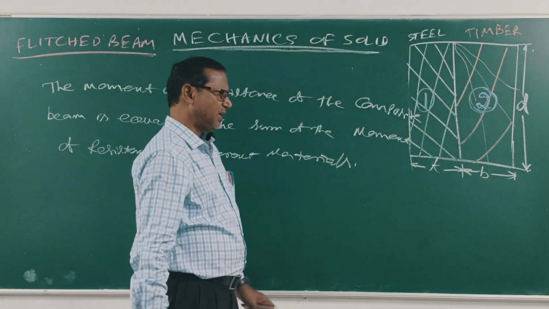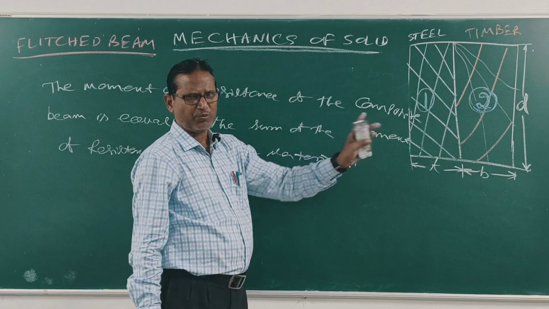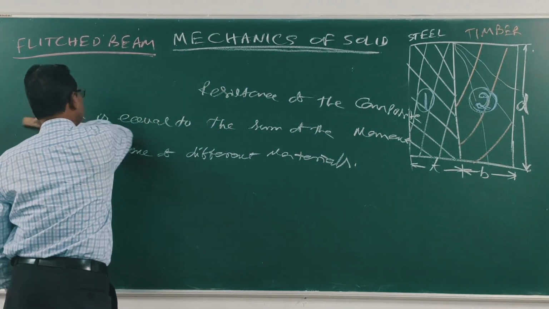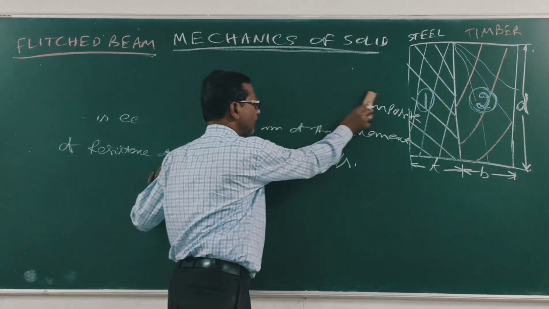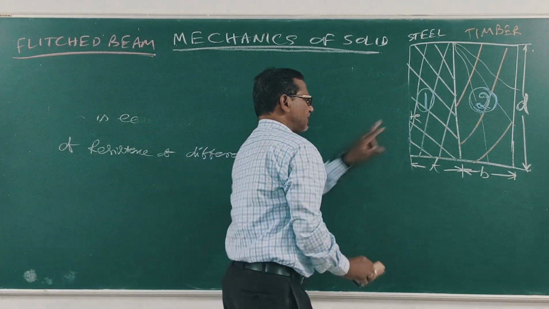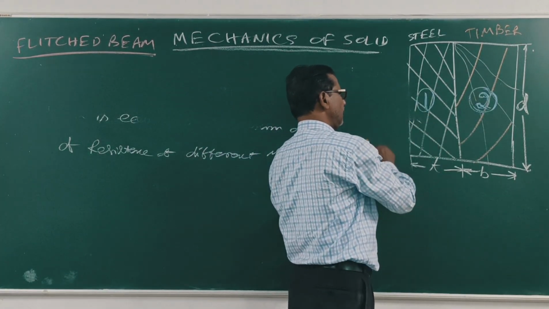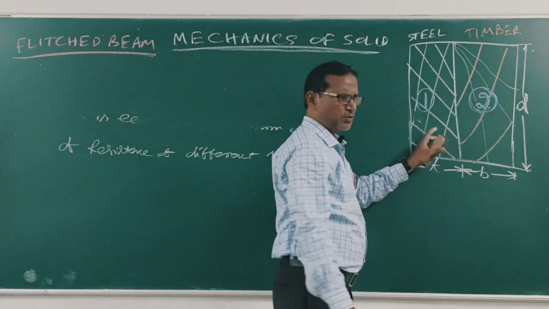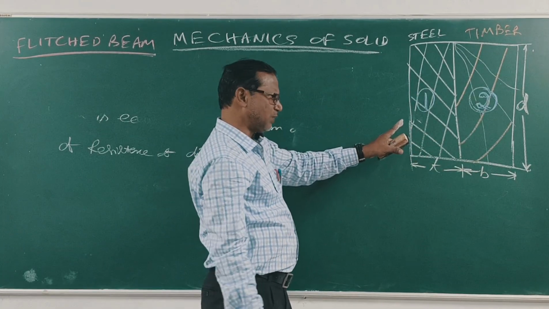Clear? That is M is equal to M1 plus M2. Let 1 stand for steel, 2 stand for timber.